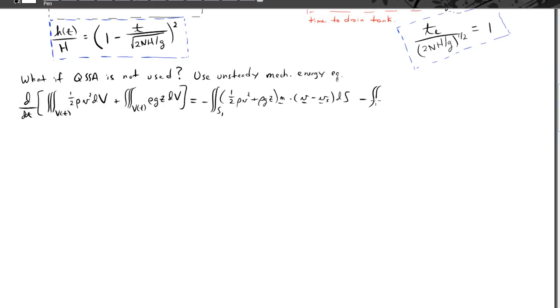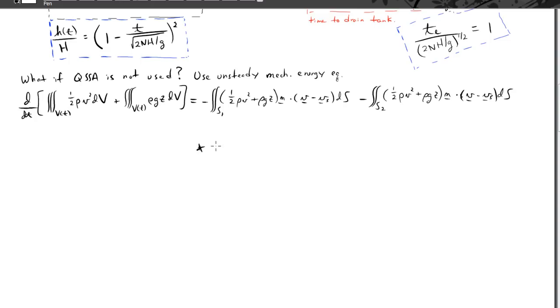minus the surface integral of 1/2 rho v squared plus rho g z, n dot v minus vs, ds, plus we have now the pressure terms, which we'll write in the simplified form.